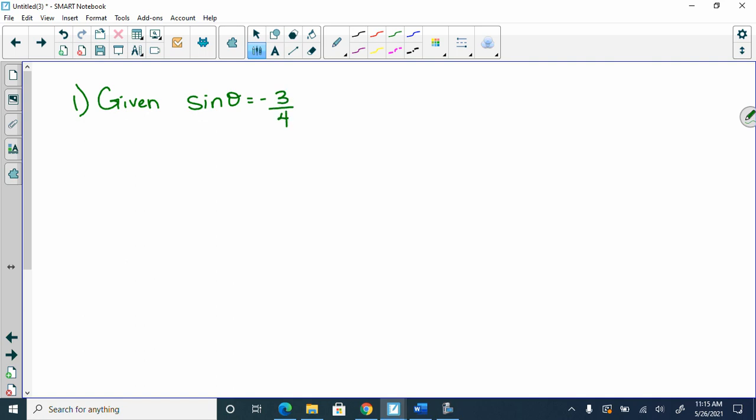Okay, given sine theta equals -3/4 in quadrant 3, determine the angle in standard position.